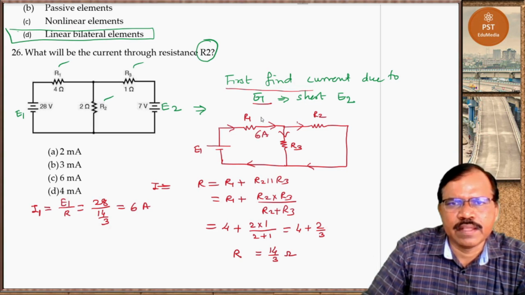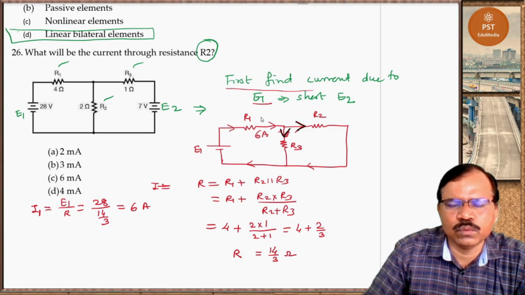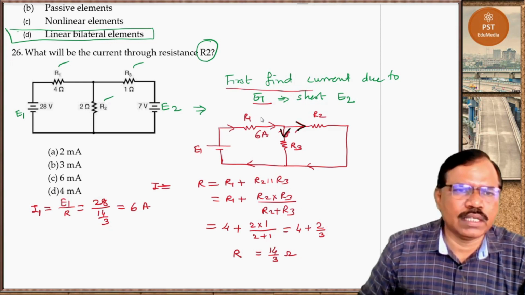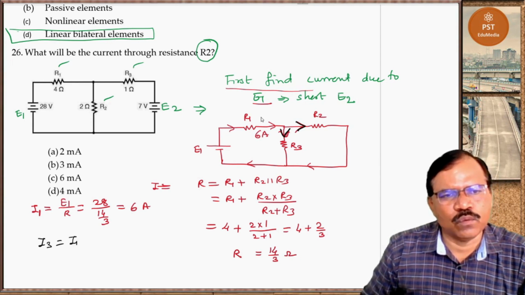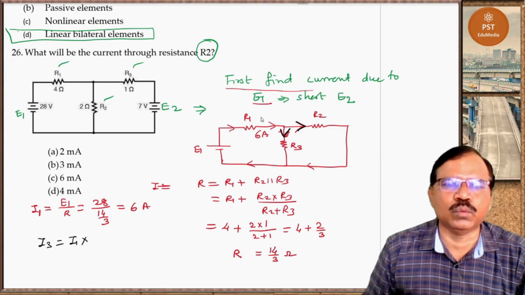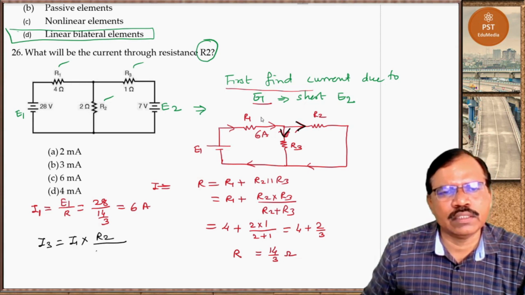The 6 ampere is divided into two parts, through R3 and through R2. So I can take I3 as I1, the total current, into R2 upon R2 plus R3.